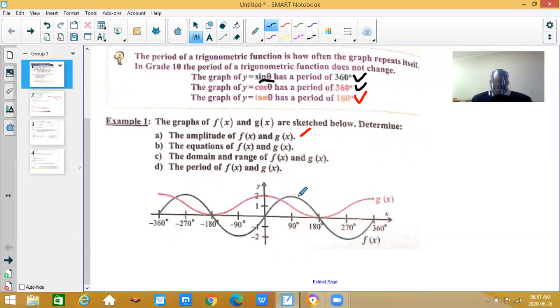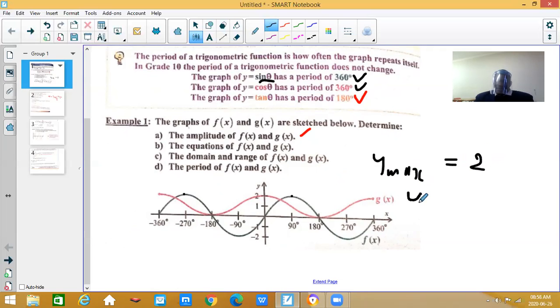The maximum it can attain is here, which is 2. So the y maximum is 2.